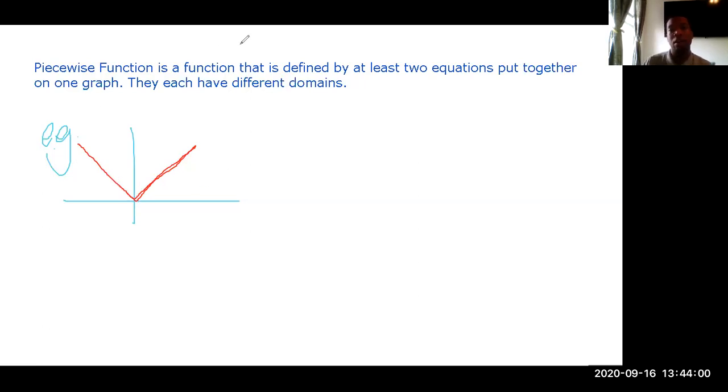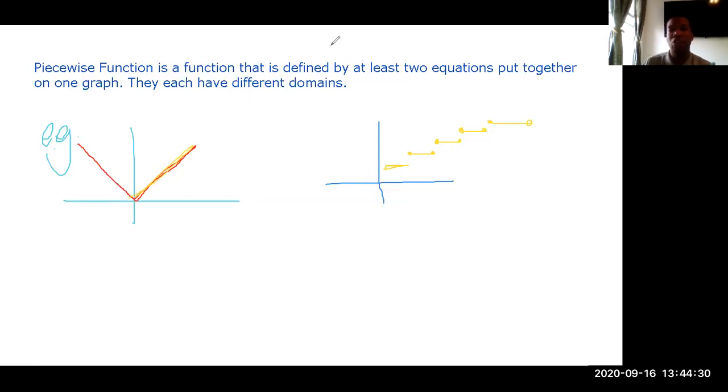There's another type of graph that's called a step function, and it's called a step function because it's a step. So this is a piecewise function. Again, at least two equations put together in one graph. With this, that was one equation, and then there's that one.